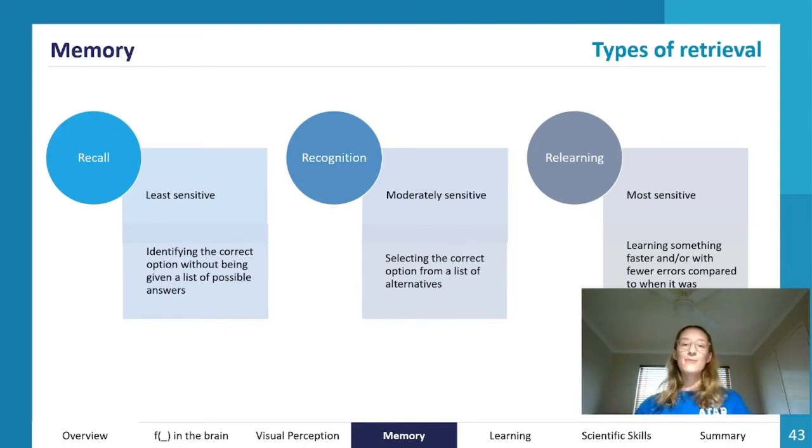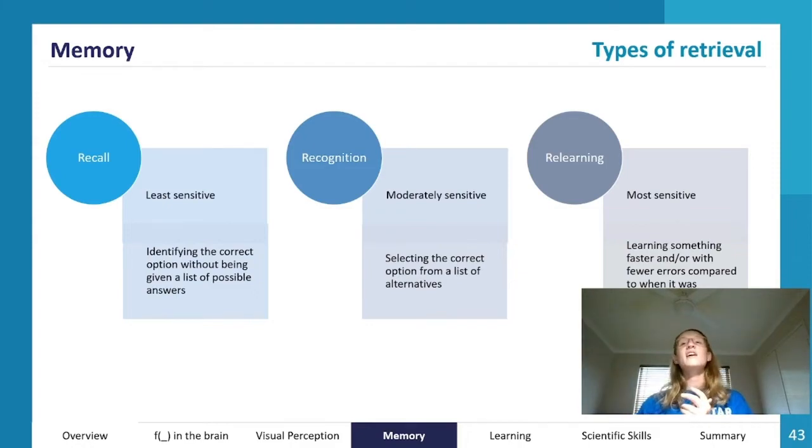In our multi-store model of memory, information comes in through our sensory memory. If we pay attention to what we're seeing, through our iconic memory, and what we're hearing, through our echoic memory, then we can move the information to our short-term memory. And if we really focus on it, process it, and give meaning to it, for example in our semantic deep levels of processing, we can move it into our long-term memory.